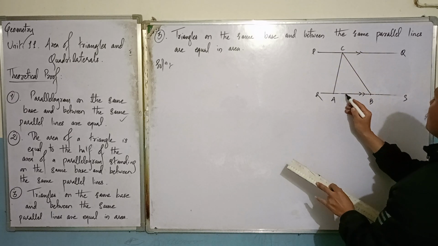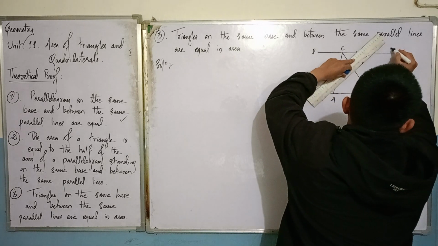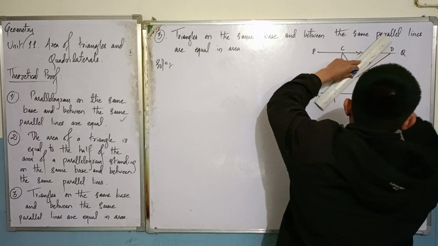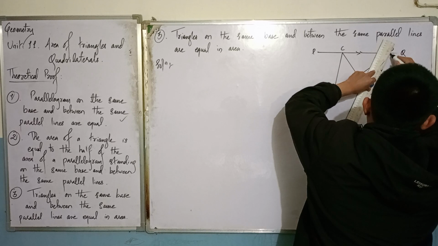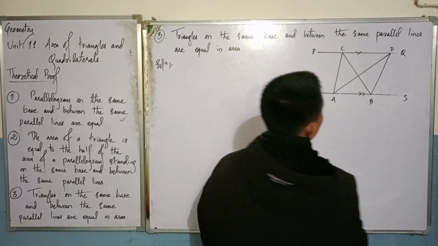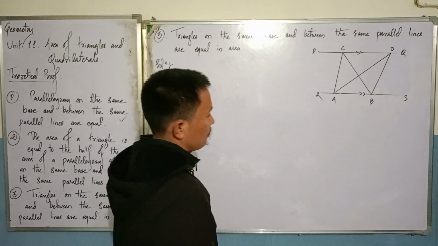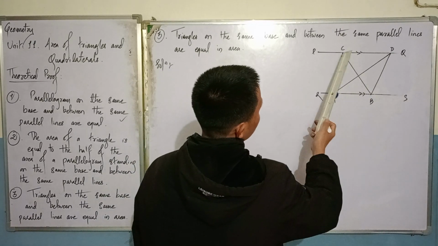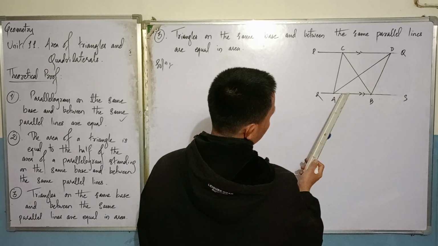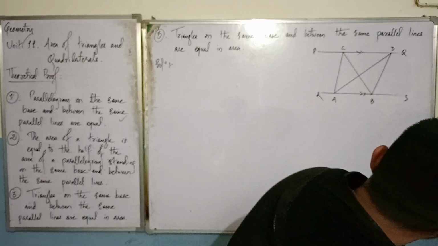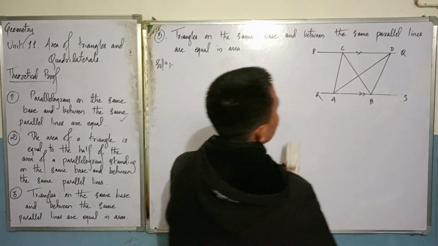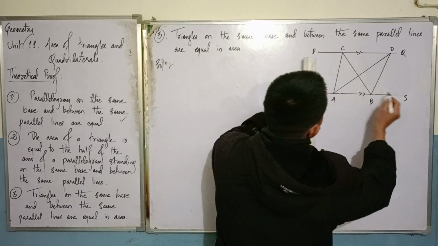And on the same base AB, I'm going to make another triangle on point D. So you can see here, there become two triangles ABC and ABD standing on the same base AB and between the same parallel lines PQ and RS.